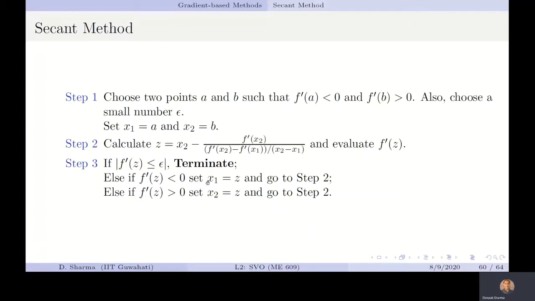If it is smaller than 0, we set x1 equal to Z and go to step 2. If it is greater than 0, x2 equals Z and go to step 2. Now you realize that all these steps of the secant method are similar to the bisection method. The only change you can see is Z. In bisection, we calculate the middle point, but in secant, we calculate Z.